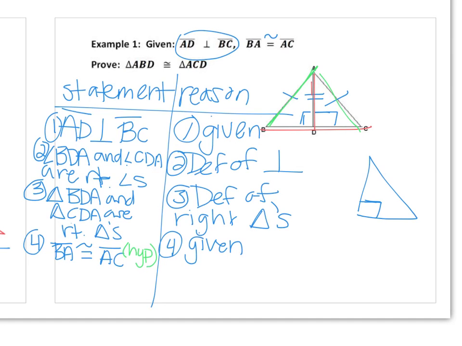So I need a set of legs. So why would these triangles be congruent? Let's see. My set of legs would be AD is congruent to AD because of reflexive.